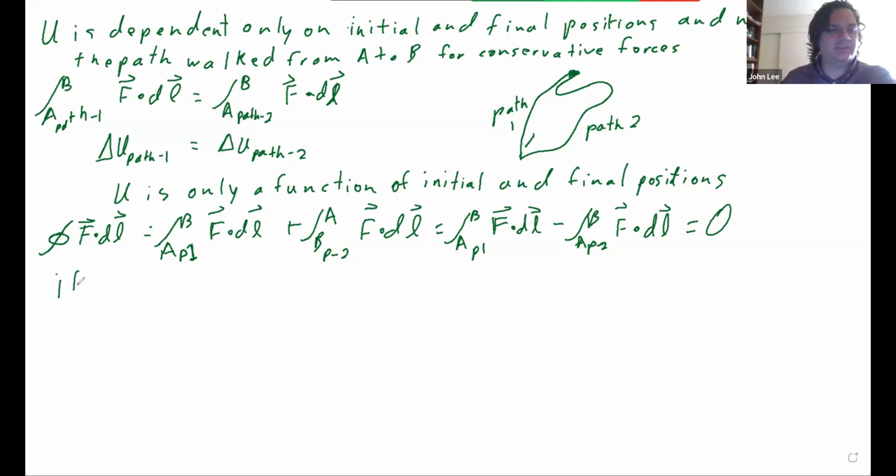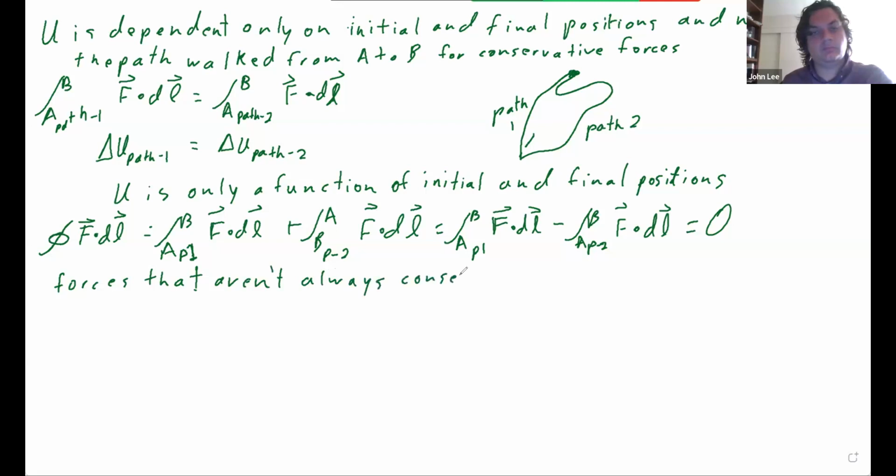A force that might not be conservative includes friction and air resistance, because those are always going in the opposite direction.